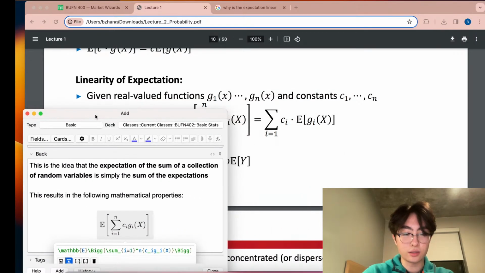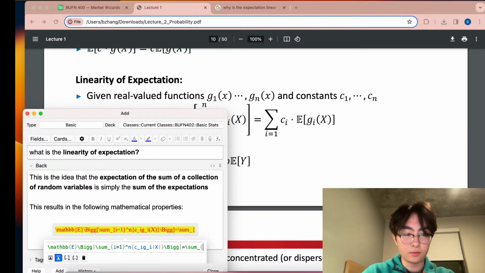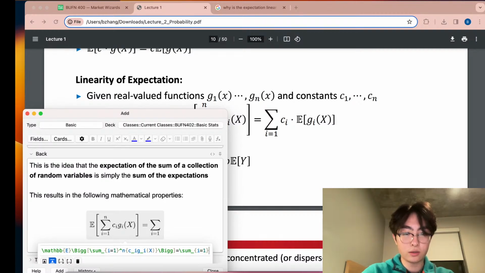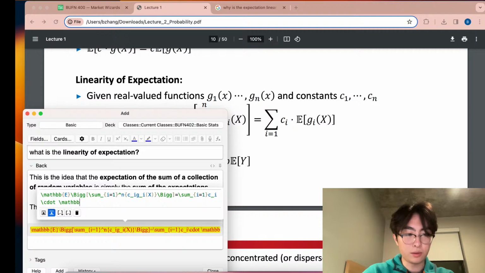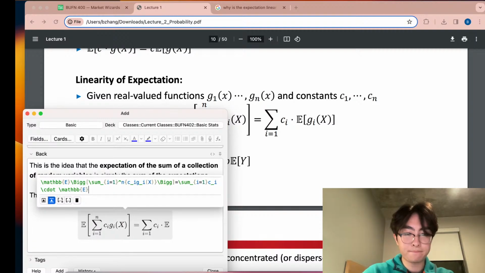So this is actually equal to the sum from i equal to 1 to n of c_i times the expectation of g_i(X).